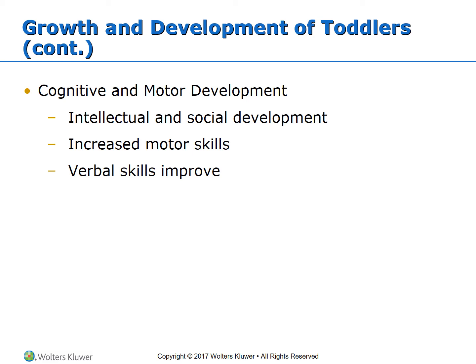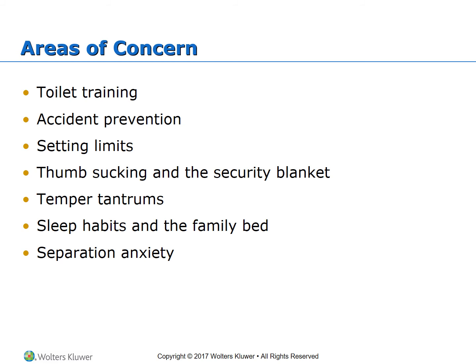And by age 3, routines become more flexible, and they have increased motor and language skills. Areas of concern. Toilet training requires patience and encouragement. Accident prevention. Safety issues are important concerns for all ages.